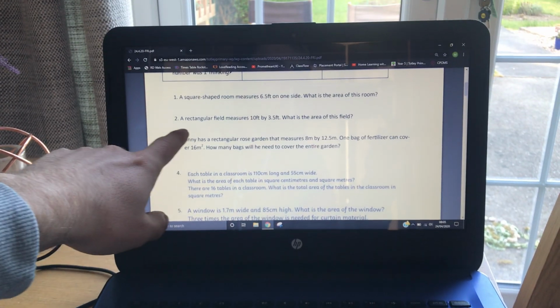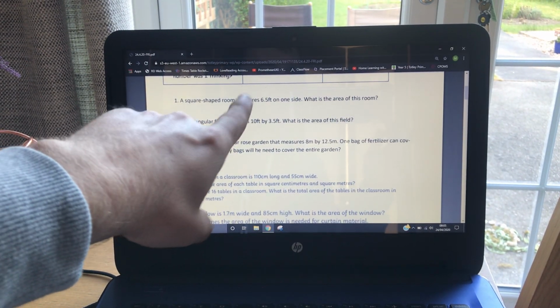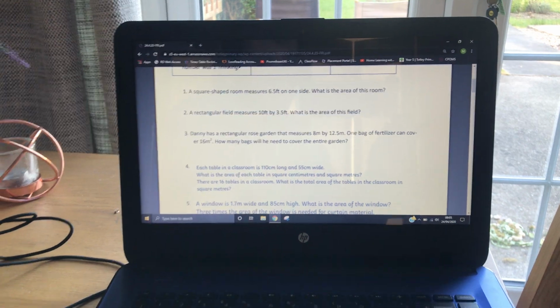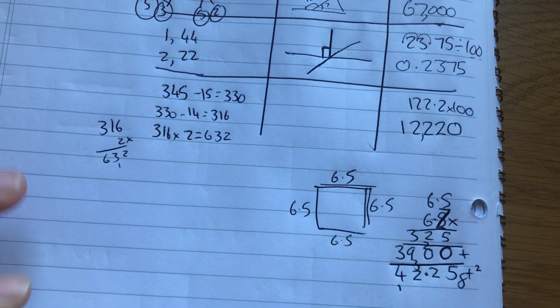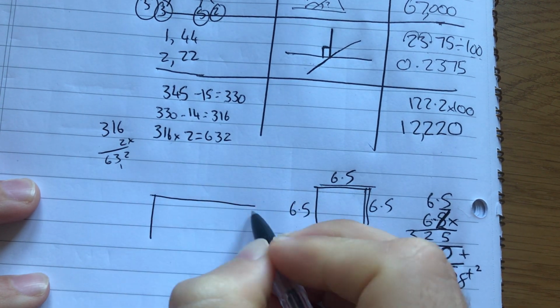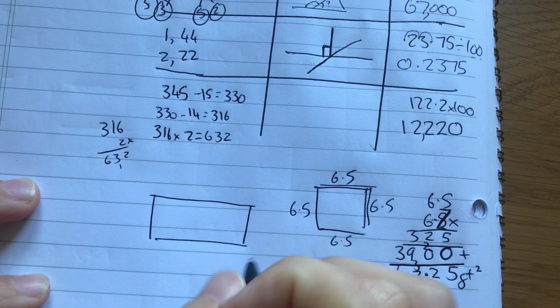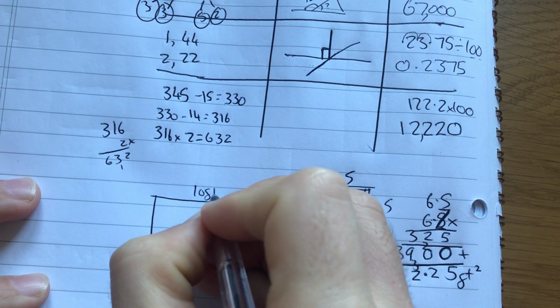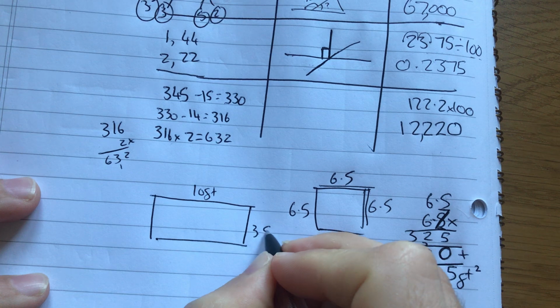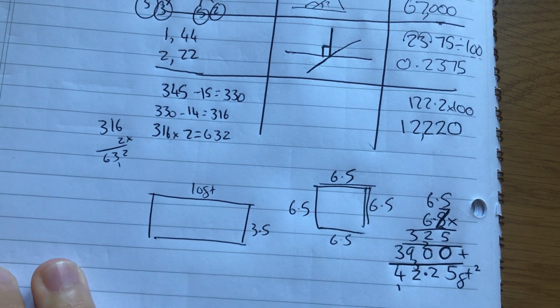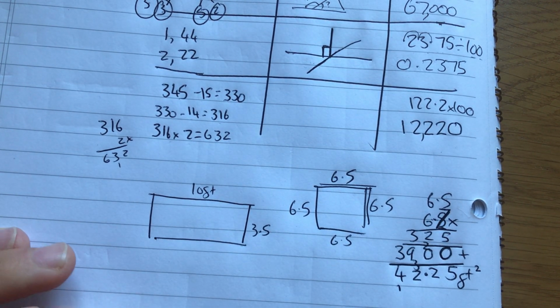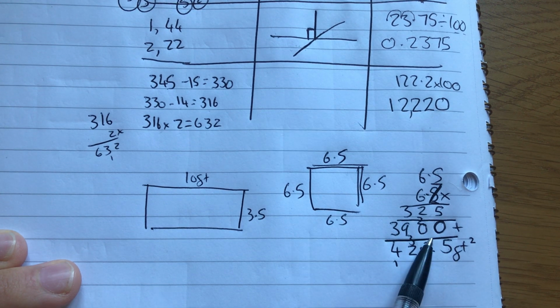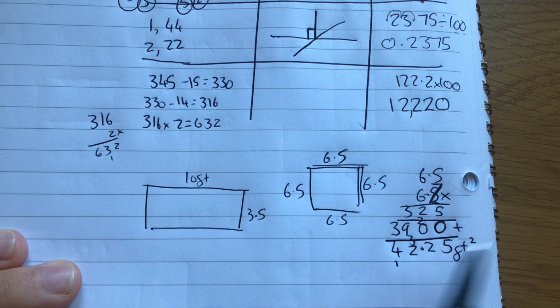The next one is number 2. A rectangular field measures 10 feet by 3.5 feet. What's the area of this field? Well, again, we've got lovely simple shapes going on here. The key is it's a rectangle. It measures 10 foot by 3.5 foot. Now, some of you might be going, right, okay, I'll draw this out again. Do you need to?